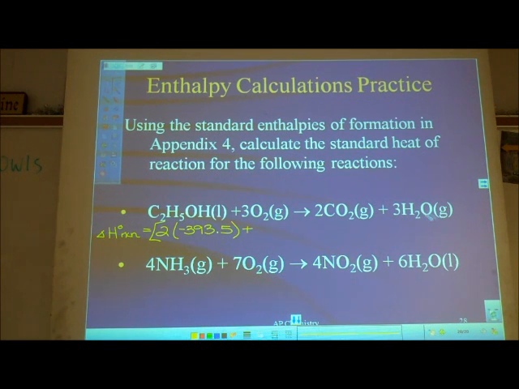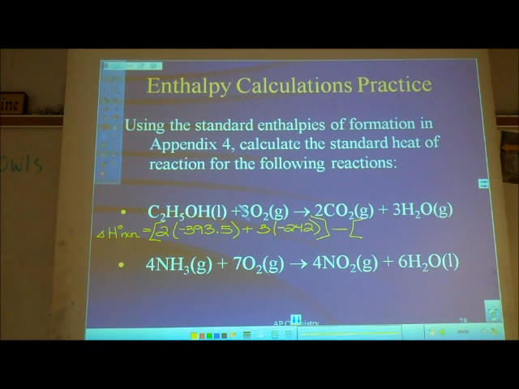Plus, I have another product. Find H2O gas. Tell me the value. Negative 242. It has a coefficient of 3. Close bracket. That's the heats of my products minus. Now it's time to look at reactants. Find this guy.